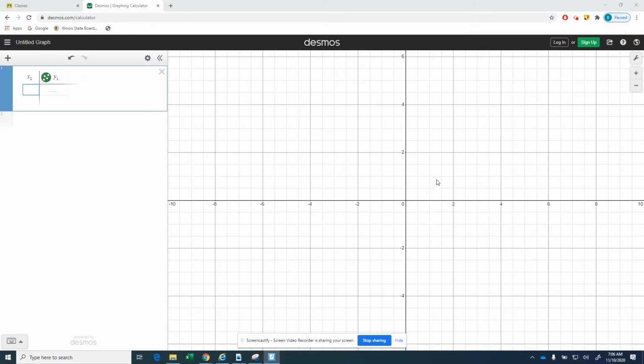So on my x values, it goes 0 to 9. So we have 0, 1, 2, 3, 5, 6, 7, 8, 9.